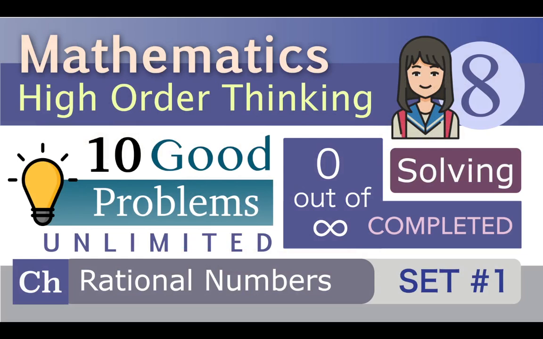This video is about 10 good problems on the chapter of rational numbers of class 8. This is set number 1. This video is part of the new playlist Maths 8 HOT.